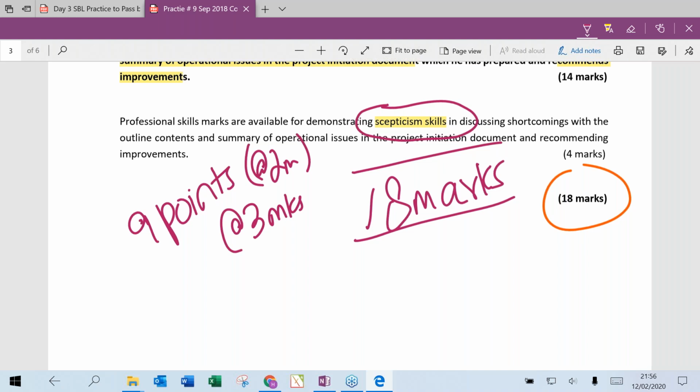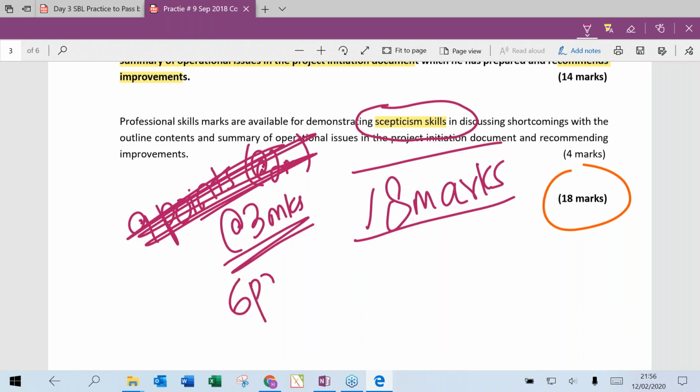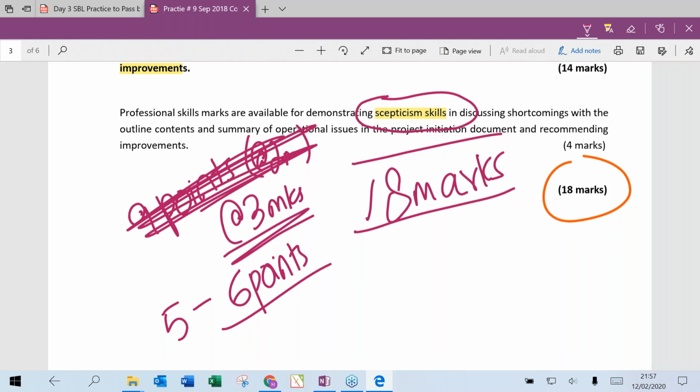So this one is wrong. If I follow 3 marks, how many points? Correct? So 6 points. I can go 5 to 6 shortcomings in which I would identify the shortcoming and then talk about how to fix it. This is how you plan your answer. 6. Very good.